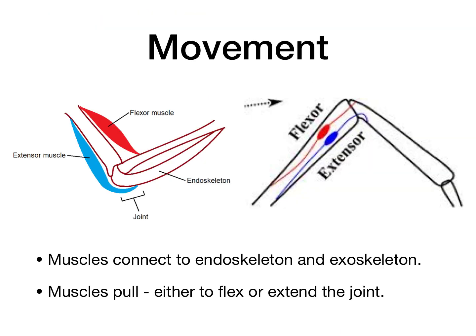Movement implies that you have some muscles, and muscles connect. So this is what happens with us with an endoskeleton. Our muscles attach to the bone, and the rigid bone acts as a lever. And when that muscle shortens, the bones move. So when this muscle shortens, the bones move in that direction.